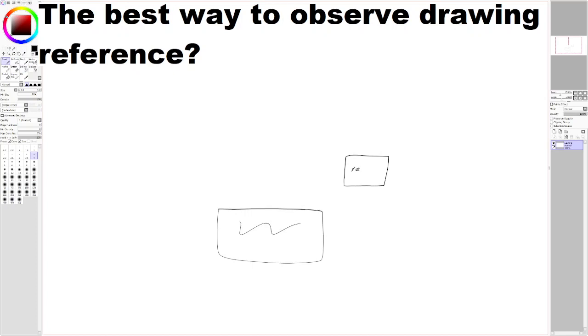reference, right? Now, if you're using a drawing tablet, the best way would be to have it as close to you as possible. So if you were doing still life, it would probably be right in front of you, or in a viewable area very close to you.